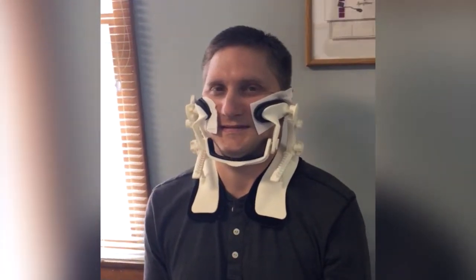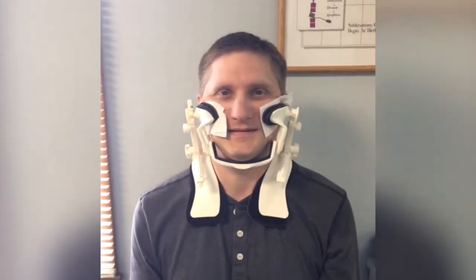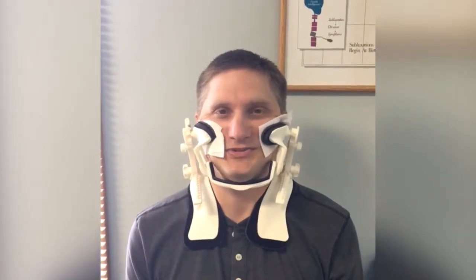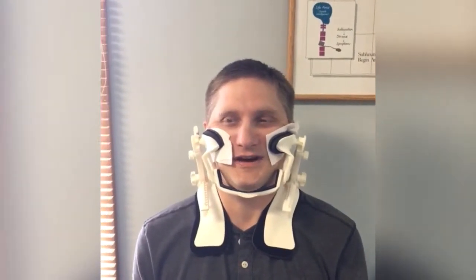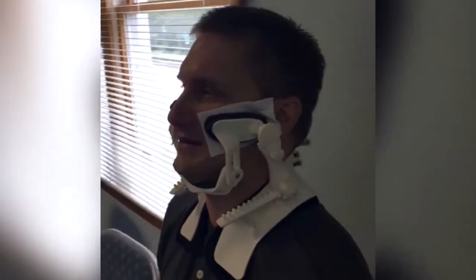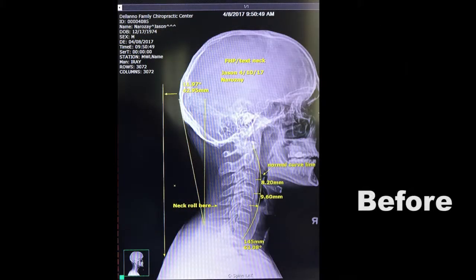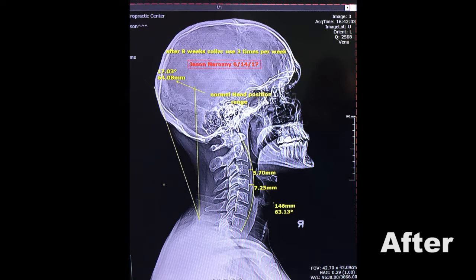Jason, tell me what you've experienced with using the collar. After the first couple of treatments of getting the immediate pain to go away, the collar then taught me proper posture. I've been told that my head was too far forward, but I can never quite get the feeling for where it should be. But the collar sort of just trains the body to know where the head should be positioned over the shoulder and neck.